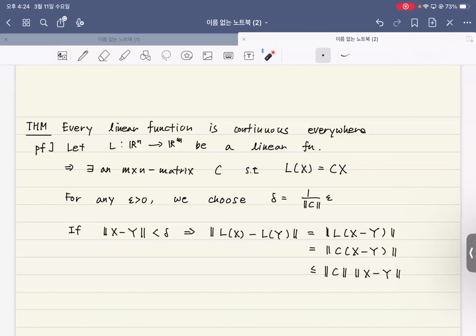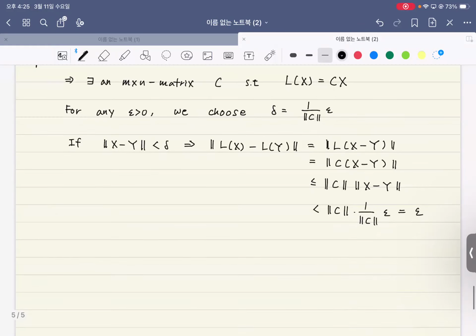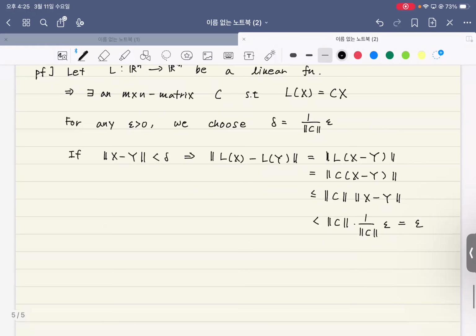Since the latter is less than delta, and delta is this one, this is less than the norm of C times 1 over the norm of C times epsilon, which is epsilon. So for any epsilon, we could find a delta that satisfies the condition. Good. So we were able to prove that linear functions are always continuous.